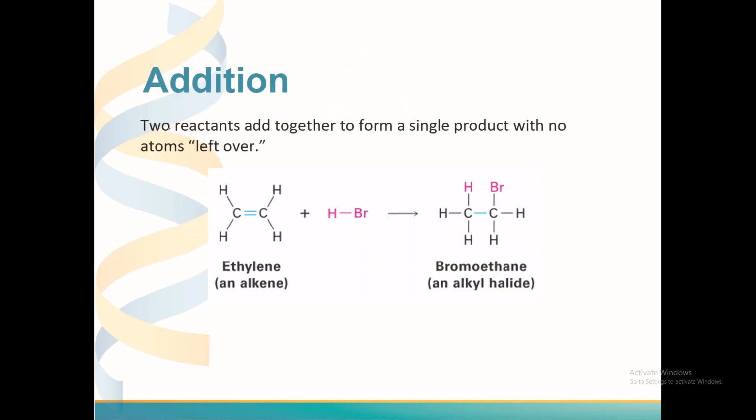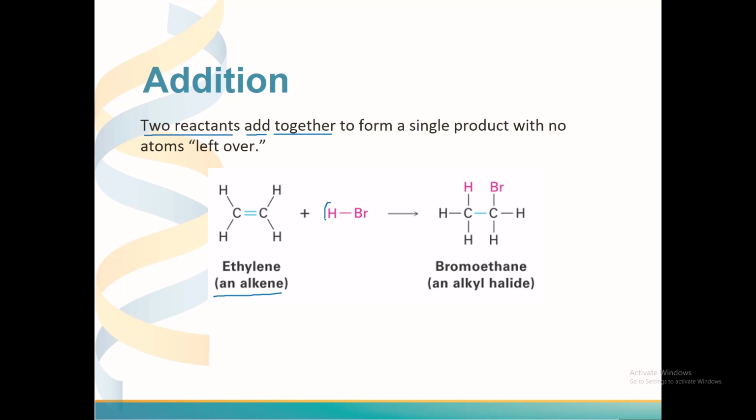In addition reactions, in principle, you have two reactants that add together to form a single product with no atoms left over. So all atoms are being used. Here is an example. You have ethylene, which is an alkene, and you react it with hydrogen bromide, or hydrobromic acid.